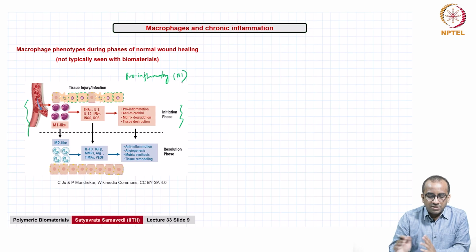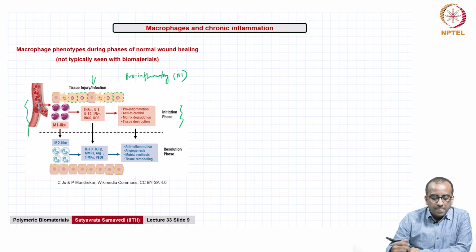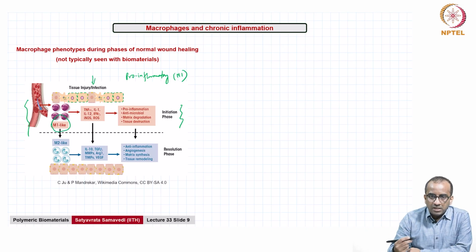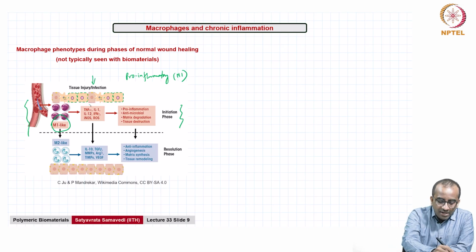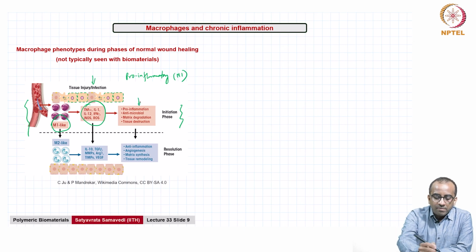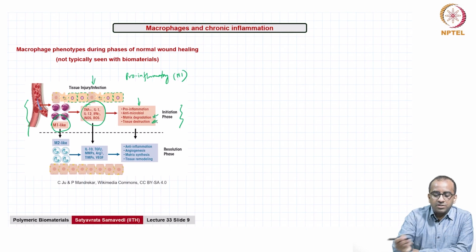Anyway, those distinctions set aside, in the first phase of tissue injury or infection, these macrophages become M1-like pro-inflammatory macrophages that secrete pro-inflammatory factors, namely TNF alpha, IL-1, and iNOS, which is a very important inflammatory factor. So this leads to pro-inflammation, antibacterial effects, matrix degradation, and tissue deconstruction.